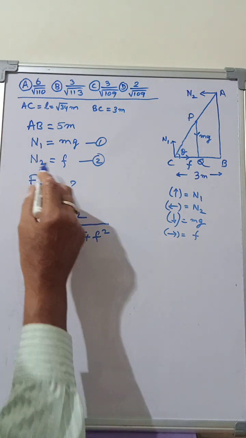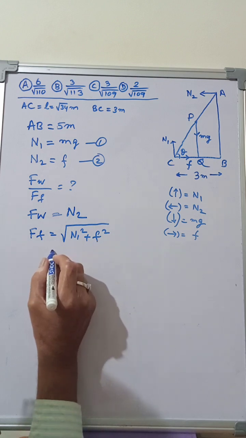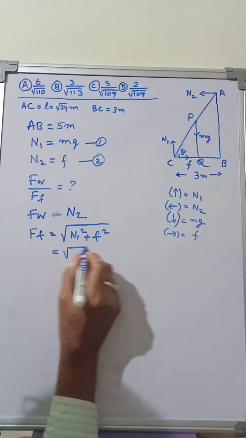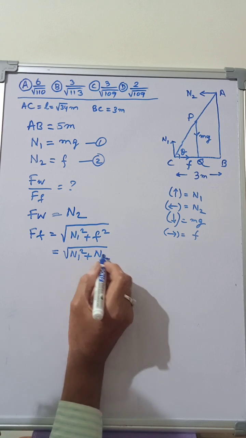From equation 2 we have N2 is equal to F, therefore replacing F by N2, this should be equal to root over N1 square plus N2 square.